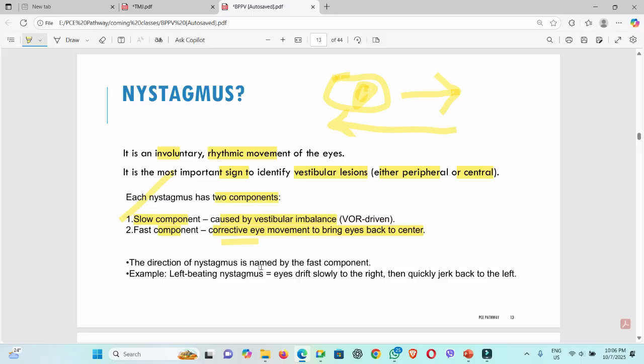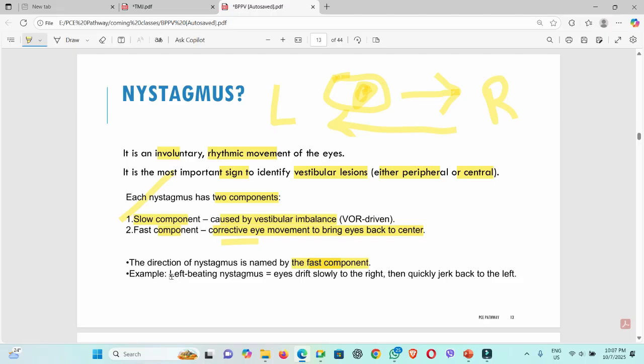The direction of nystagmus is named by the fast component. Let's say this is the right side, this is the left side. The eyeball is moving slowly towards the right and coming back quickly towards the left. If we see that, then we would call it left nystagmus, because the fast component is towards the left side.